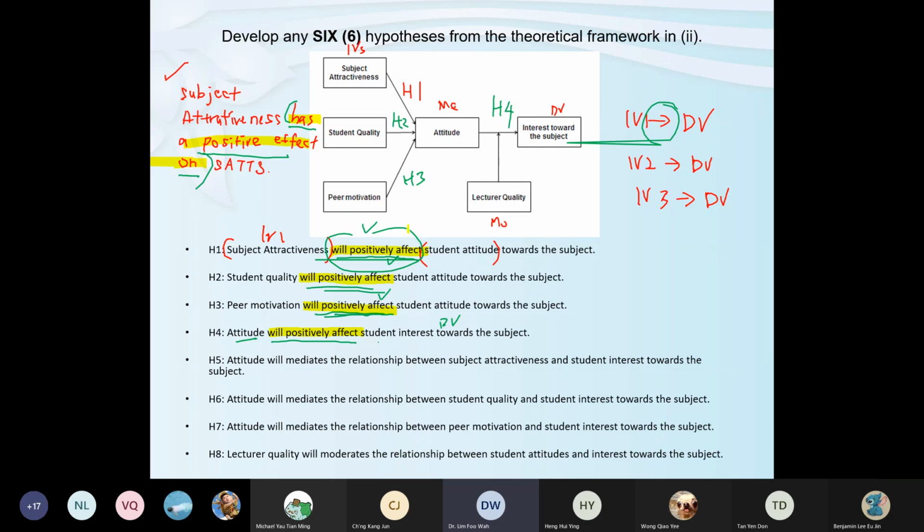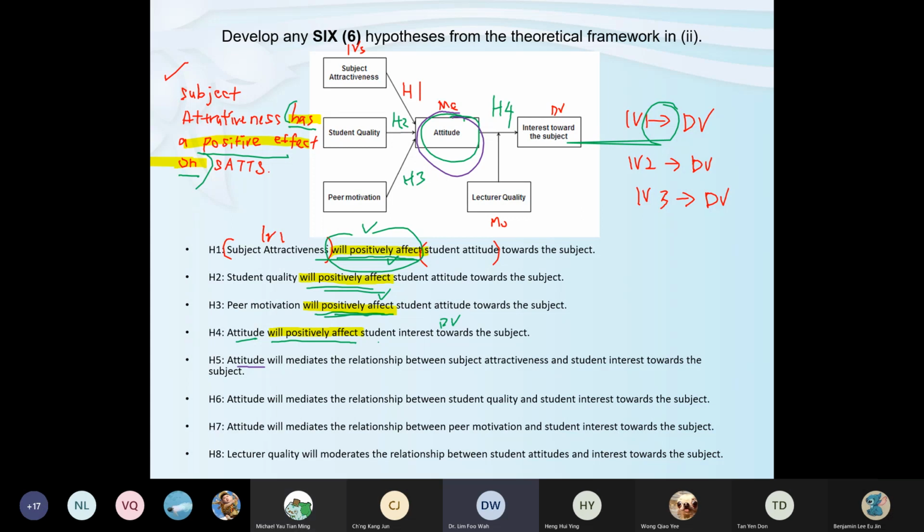Okay, same concept. Then after that, we are going to upgrade ourselves. How to write the mediating variable hypothesis? First we start with the mediating variable, the green color. Amplitude will mediate the relationship.